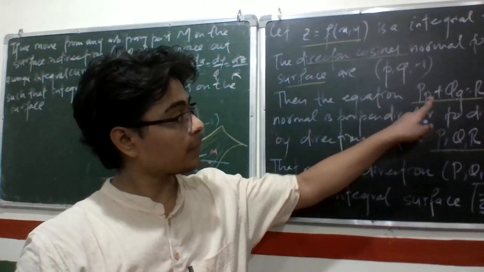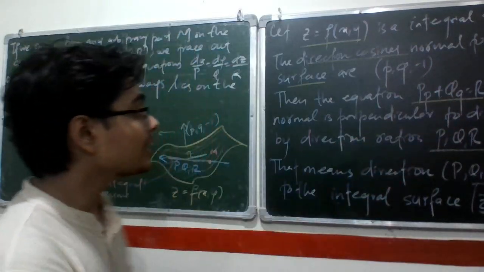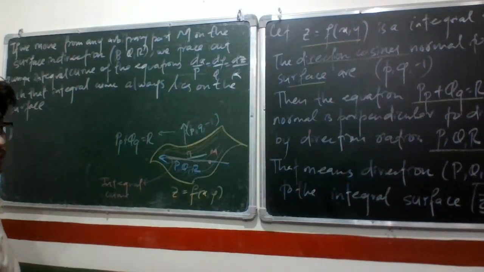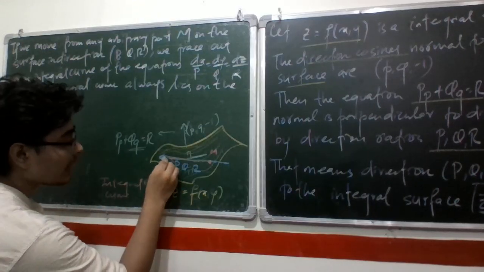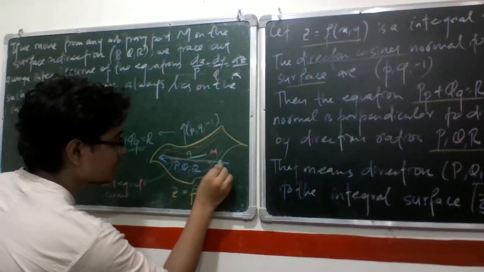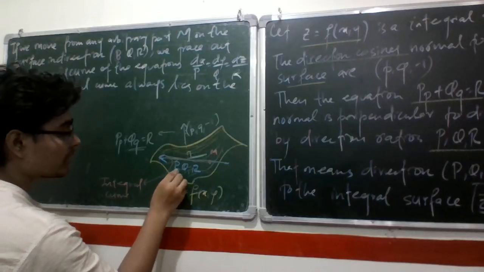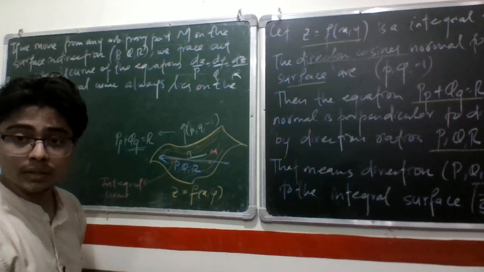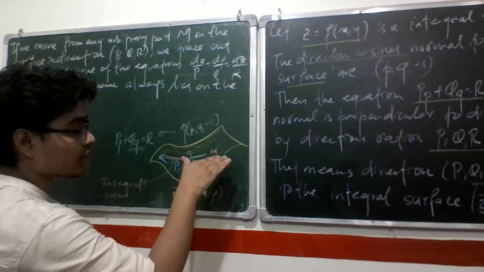Then the equation Pp plus Qq equals R defines that the normal is perpendicular to the direction. That means if we consider this equation, this line here defines the direction ratios P, Q, R, which are perpendicular to this normal on the surface.